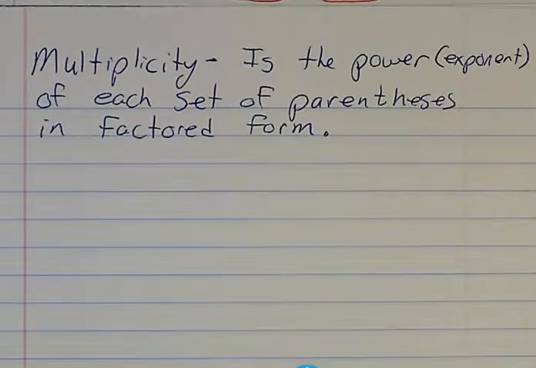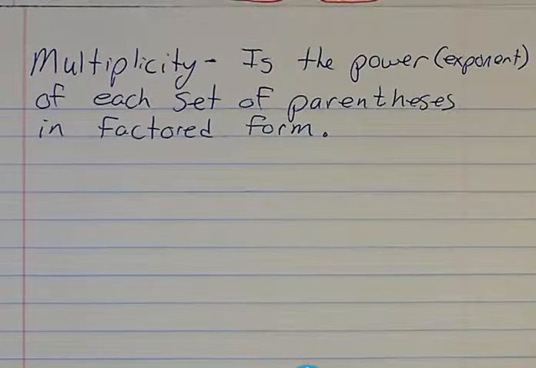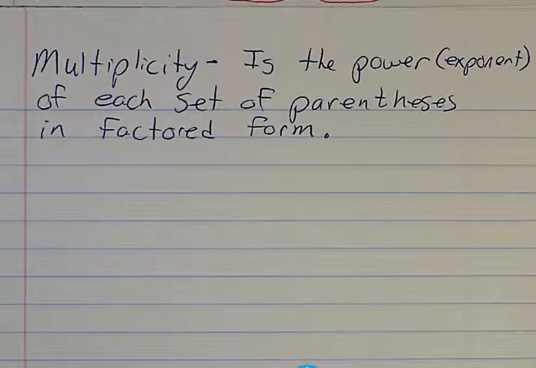Okay, so for the first example, we're going to solve it and state the multiplicity, but we're going to have it so it's already pre-factored, so the solving is a little bit faster.